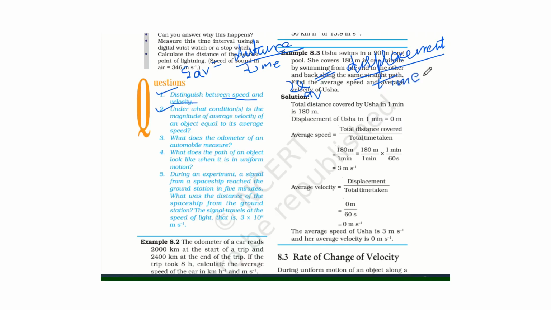So average speed is equal to average velocity when distance becomes equal to displacement, and distance becomes equal to displacement when the object moves along a straight line.